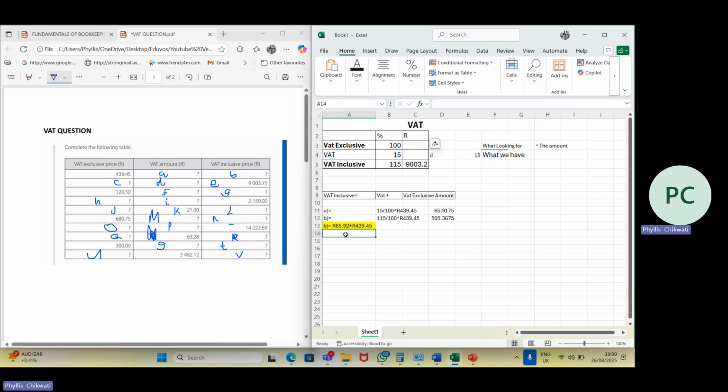So I'm just going to go according to the order, starting with C. My C will be equal to, remember we said what we're looking for? We are looking for the rand value here, right? So I'm going to use the 100%. So I'm going to say 100 divided by what we have.